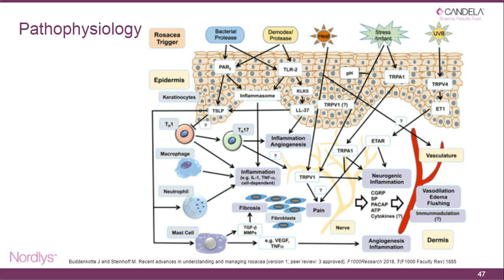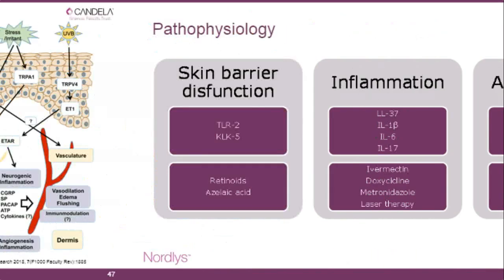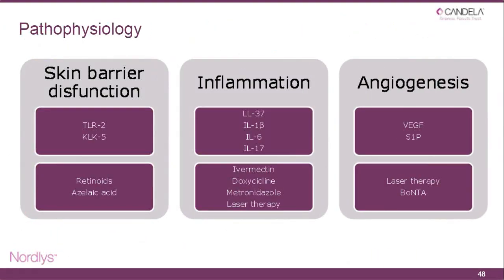We have to acknowledge that to propose proper treatment to our patients. In a very simple summary, we have to consider mainly three topics. First of all, the skin barrier dysfunction, the inflammation, and the angiogenesis that is present in this pathology.